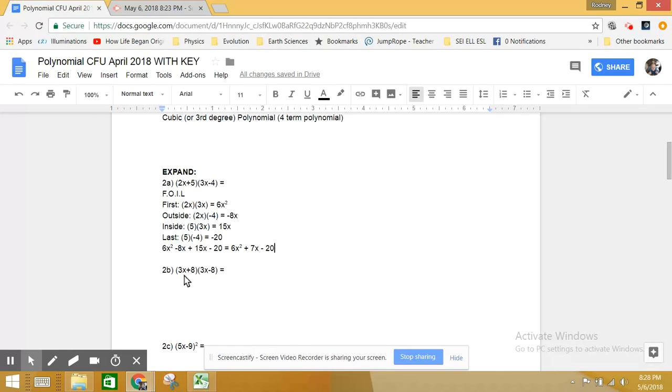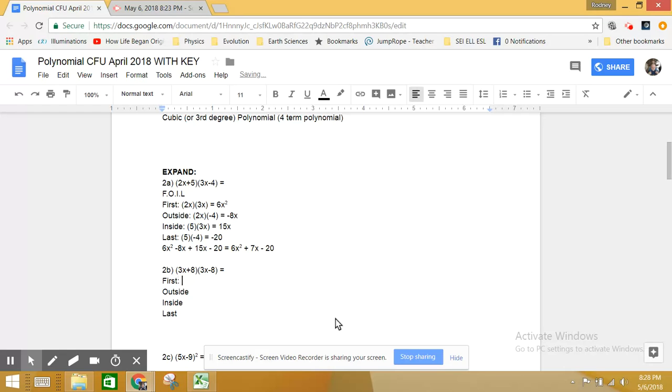The next one, you might notice these are very similar: 3x plus 8 and 3x minus 8. If you do not recognize this to be a special case, then you can do a FOIL, of course. So I'll do a FOIL first, because that will certainly work. First, outside, inside, and last.